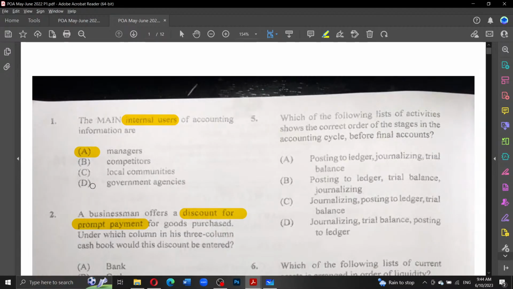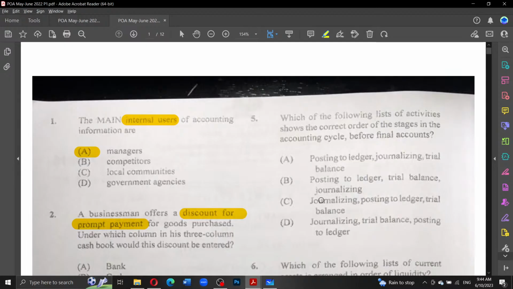Moving on to number 5. Which of the following list of activities shows the correct order of the stages in the accounting cycle before final accounts? The very first stage in the accounting cycle is collecting source documents. We don't have that here. Moving on to the second, we have entering the information in the daybook or the journals.